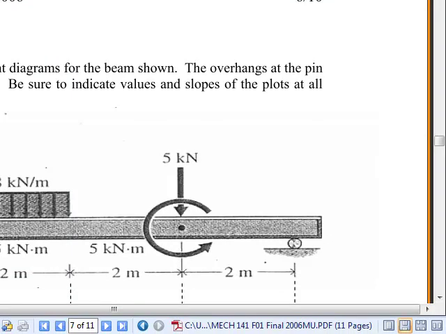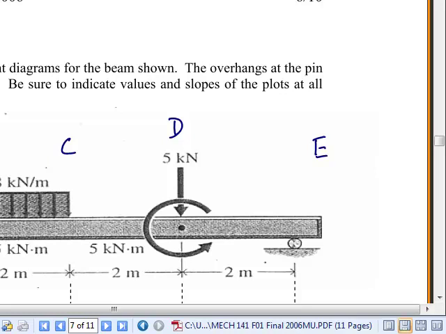Let's call this one A. We can call this B, C, and D. Actually, probably should have labeled that one as well. So let's go C, D, and E. So where are the reactions going to be? A and E. That's what I meant.